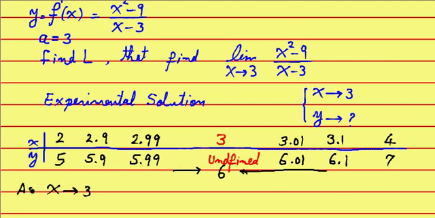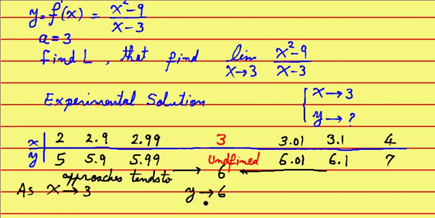So we say, as x, this arrow you read as approaches, or tends to, or comes close to, or any of these types of expression, as x approaches 3, y approaches 6.